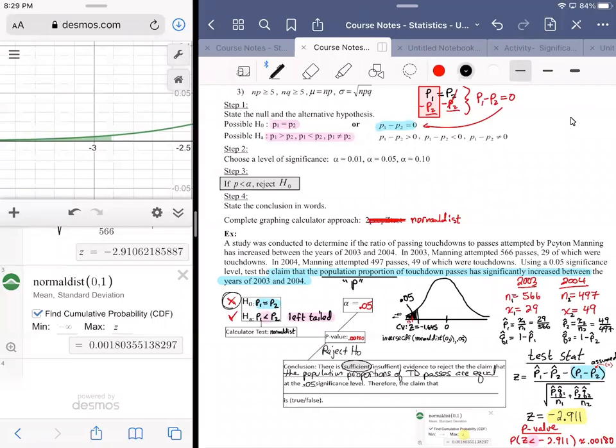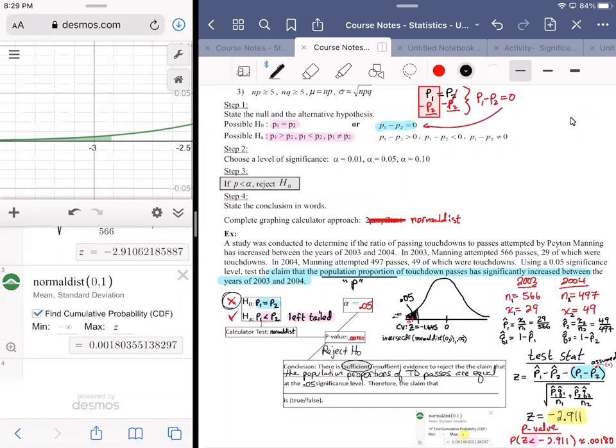Therefore, the claim that we're either talking about the alternative hypothesis or the question that's being asked or some mixture of the two. The alternative hypothesis says simply P1 is less than P2, but that came from the question that says population proportion of touchdown passes has significantly increased, right?